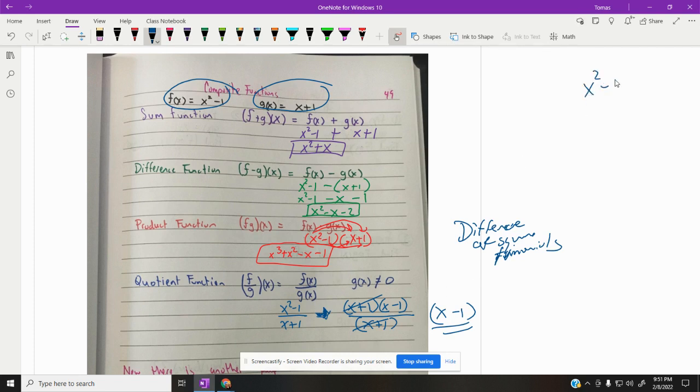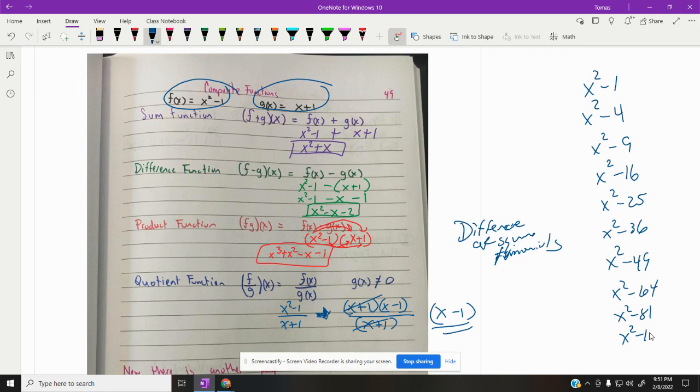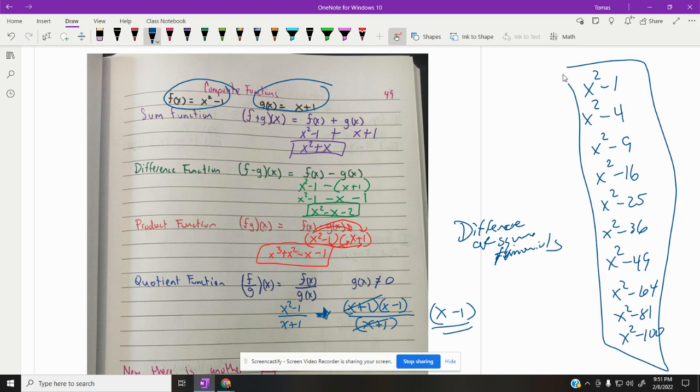It's usually like x squared minus 1, x squared minus 4, x squared minus 9, x squared minus 16, x squared minus 25, x squared minus 36, x squared minus 49, x squared minus 64, x squared minus 81, and then x squared minus 100. These are the most common ones that pop up, and these are difference of squares, right? Each one of these can be factored into the positive and negative set.